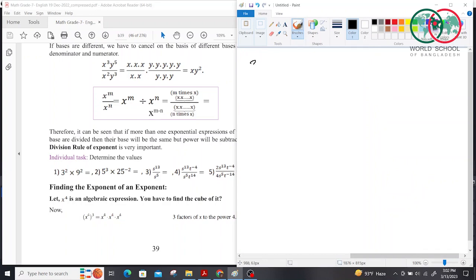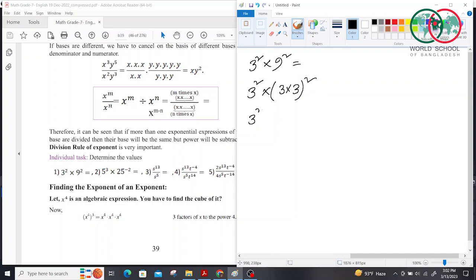The first one is written 3 square into 9 square equals to. So we can write 3 square into, we can write 9 as 3 into 3, right? And this whole is a square.